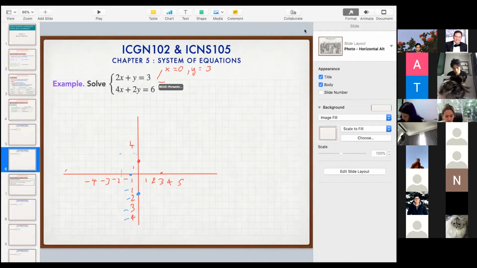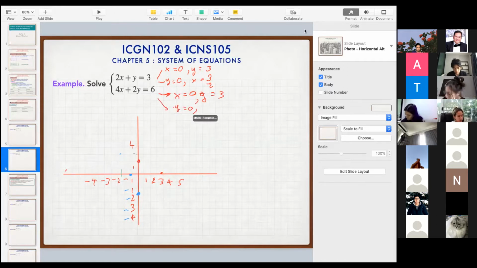When y equals 0, x equals 3 over 2. So for the second equation, when x equals 0, y equals 3, and when y equals 0, x equals 3 over 2.